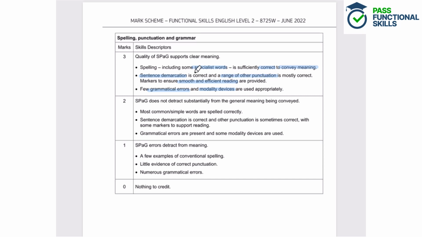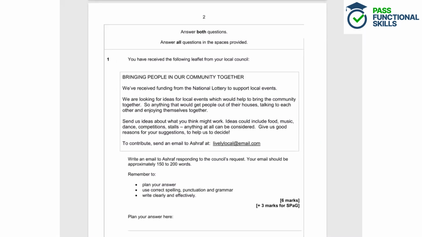So for example, you would say I think, but you would say he or she thinks. So you need to make sure that you're changing verbs depending on the subject that you're using. So make sure that your spelling, punctuation and grammar are accurate, as well as having a good composition for your text. So now let's take a look at the first question.